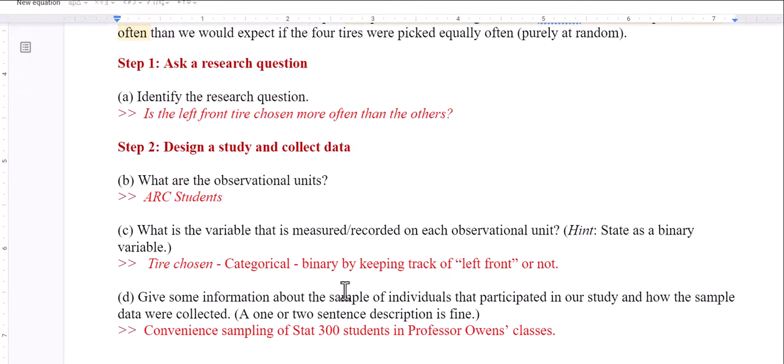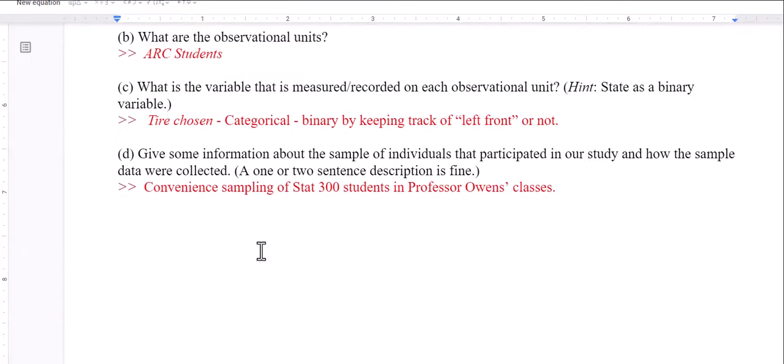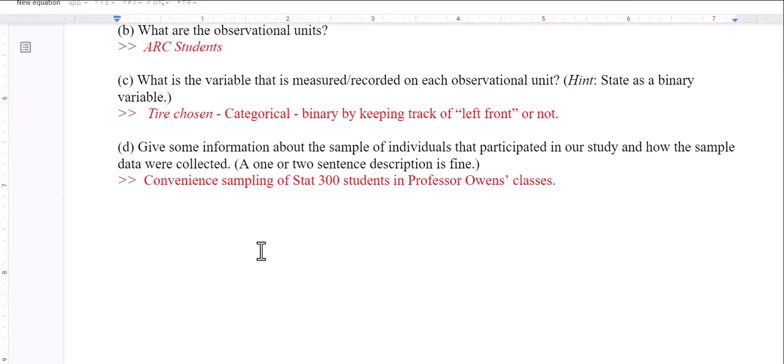So what I do is we say we're going to keep track of left front tire or not. So the variable then is, was the left front tire chosen? And then the answer will be yes or no. And so now it's a binary variable, 2 categories.